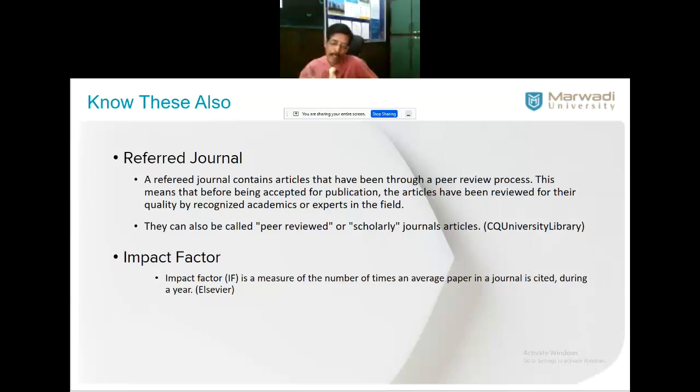So an independent decision, independent conclusion or assessment is got from the reviewers, and a consolidated decision is made whether the majority support your concept, or they say that it is not useful. Based upon that, the selection decision is made. It has got another name, peer reviewed, or scholarly journals also. Scholarly is none other than peer review.